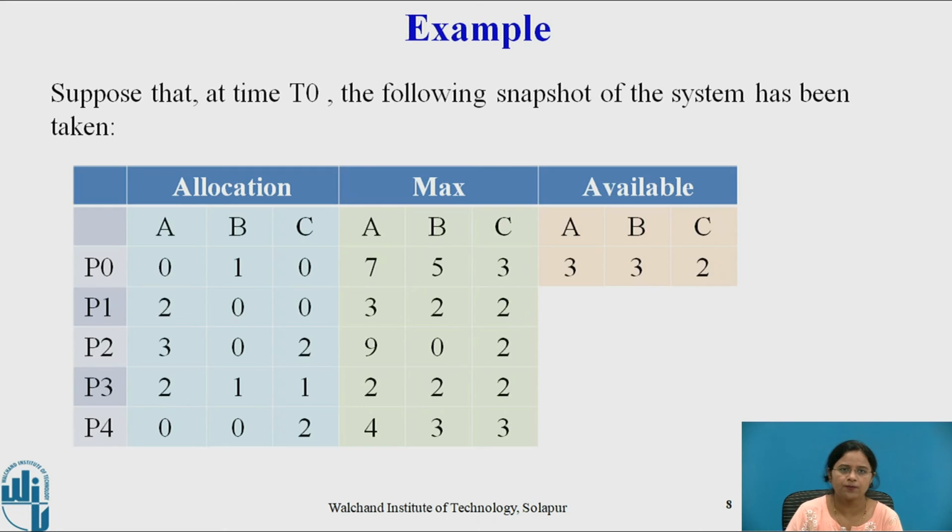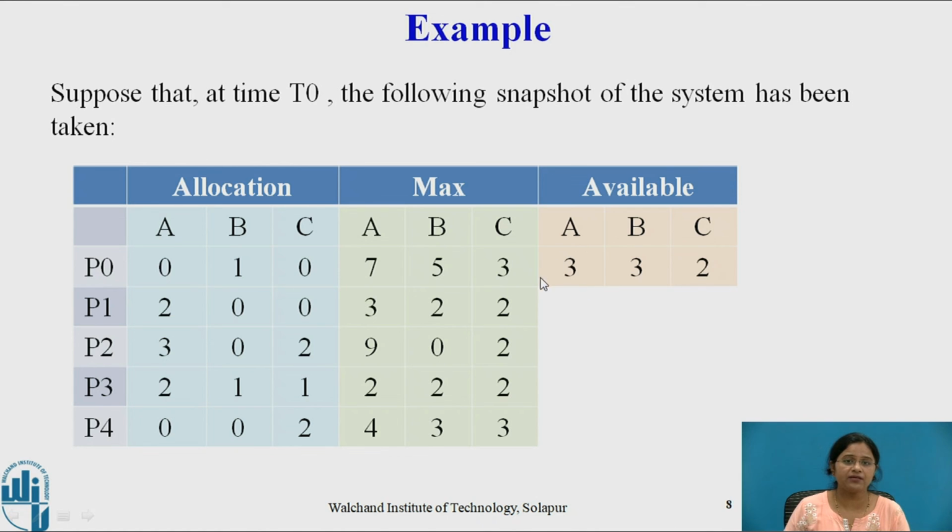At time T0, this is the allocation matrix of the processes. Out of the 10 instances of A, 2 are allocated to P1, 3 to P2, and 2 to P3. So 2 plus 2 is 4, plus 3 is 7 allocated. So out of 10, 7 are allocated.